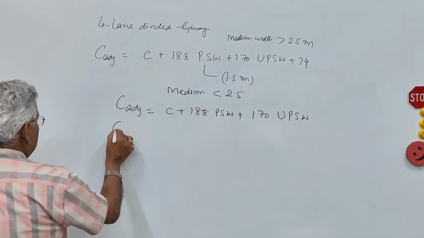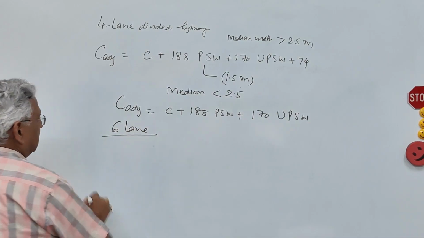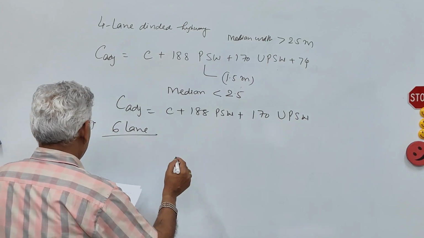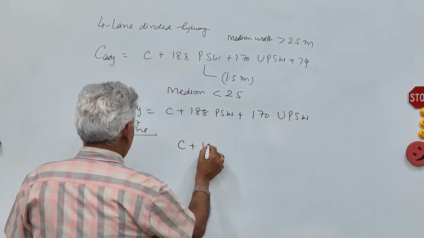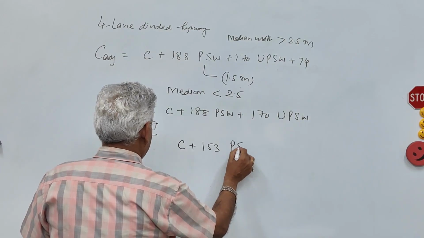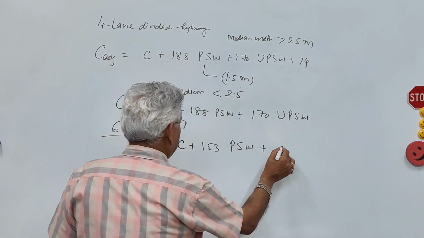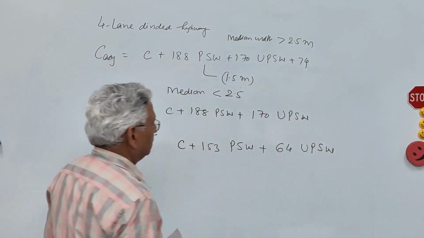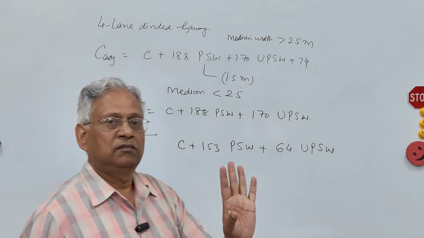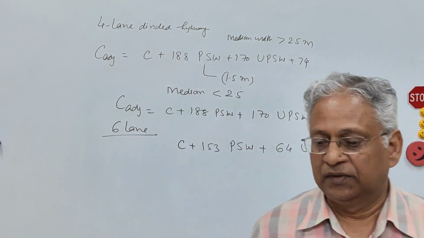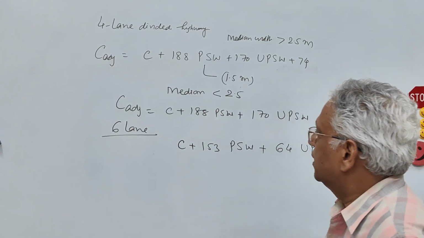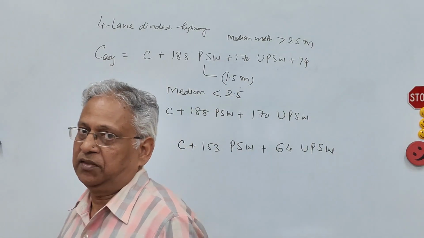In case of 6-lane highway, this equation is C plus 153 PSW plus 64 UPSW. Again, PSW in respect of 1.5 meter. So that is how you determine the capacity of a multi-lane highway as per Indo-HCM procedure.